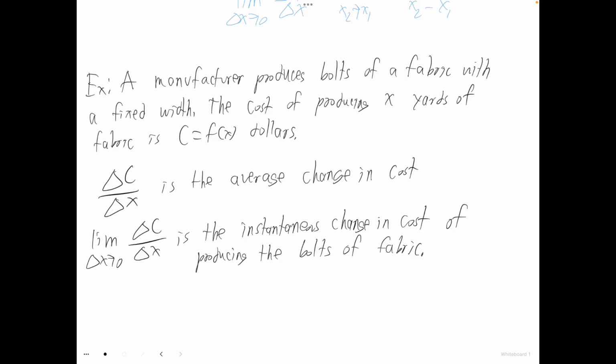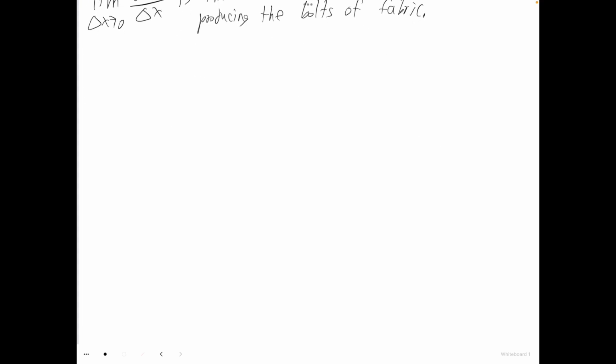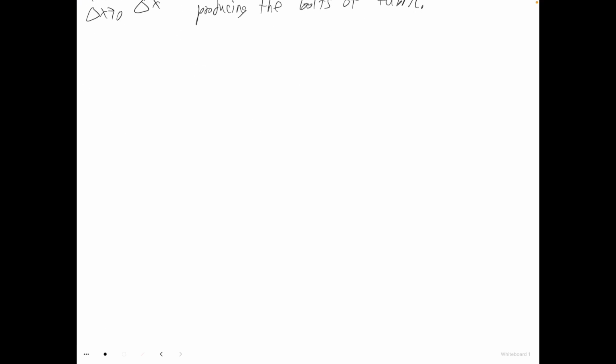So now we've seen this same limit come up over and over again. And in mathematics, when we have something that comes up over and over again, we give it a name.